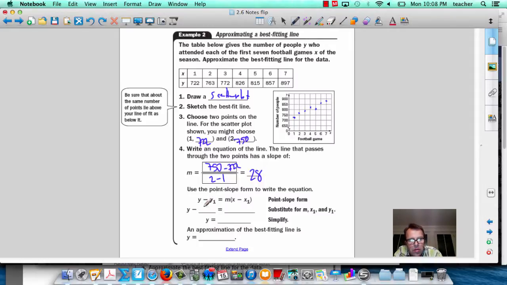Using the equation of a line here, we're going to say we use the first point 1, 722, slope of 28, x minus 1, and finally the equation of a line cleaned up would be 28x plus 694.